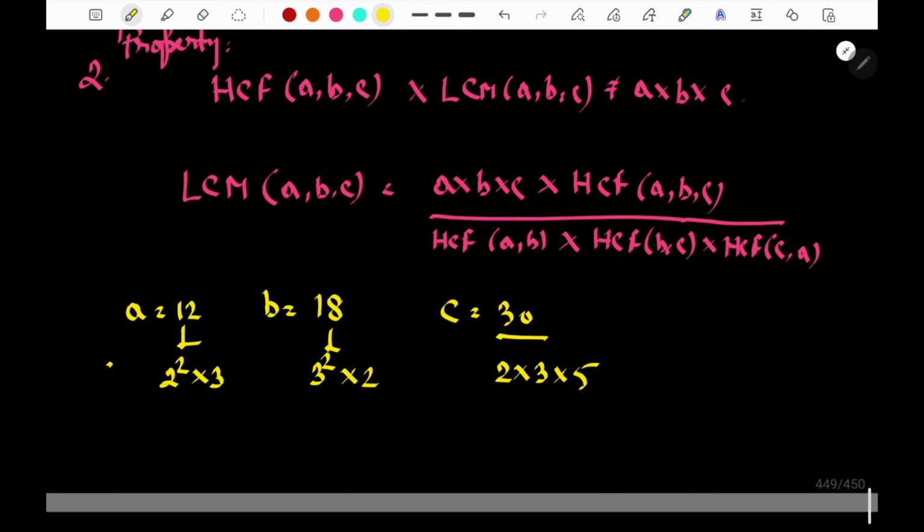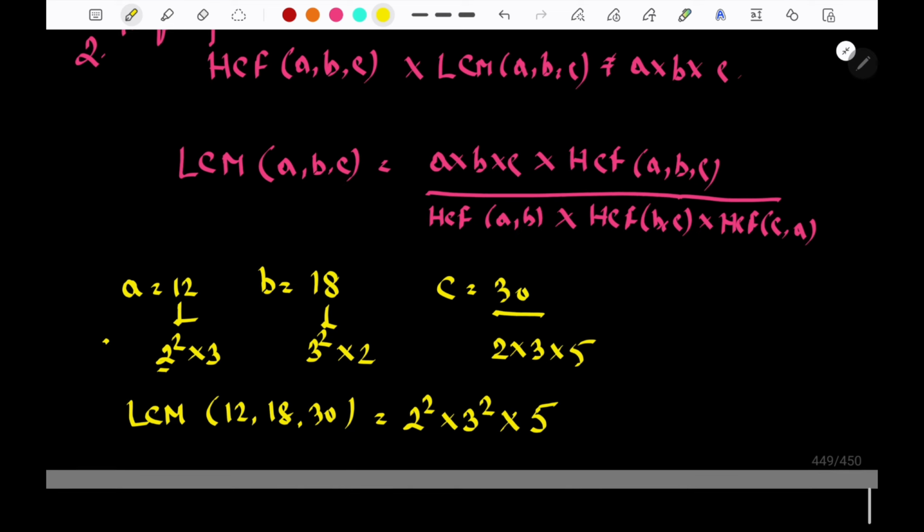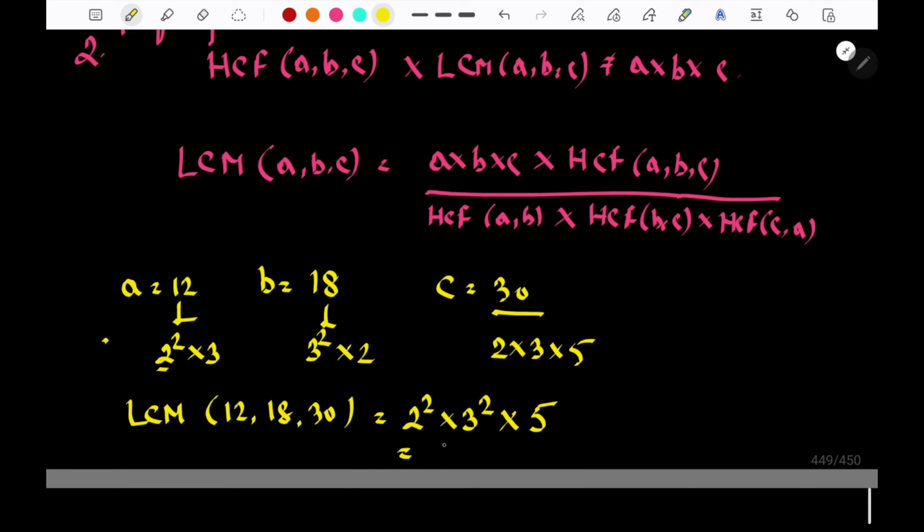Done. Now let's see whether the formula is correct or not. So what is the LCM of 12, 18 and 30? How do we find it out? We take the maximum power of 2, 2 to the power 2. We take the maximum power of 3, 3 to the power 2. And what else is left out? So left out is 5. So basically 4 into 9, 36, 180.